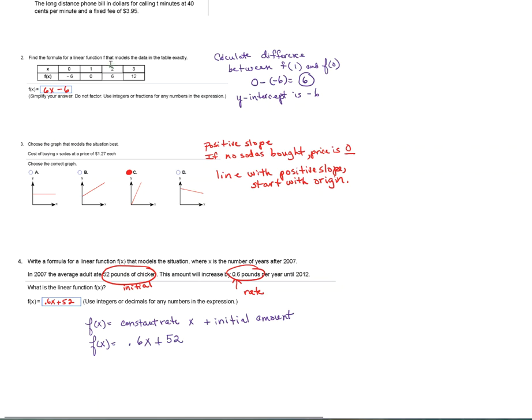Find the formula for a linear function that models this table. So we've got these points, x's and f of x. Calculate the difference between f of 1 and f of 0. So we have 0 minus a negative 6 is 6. So that, well, we were actually going this way.